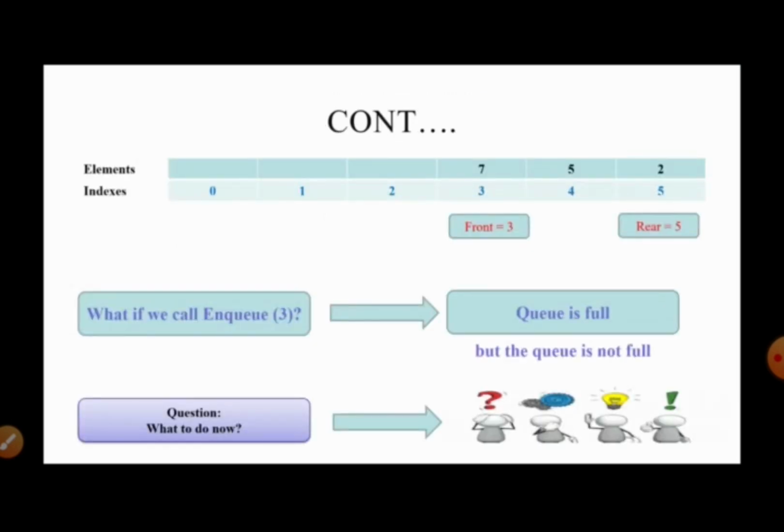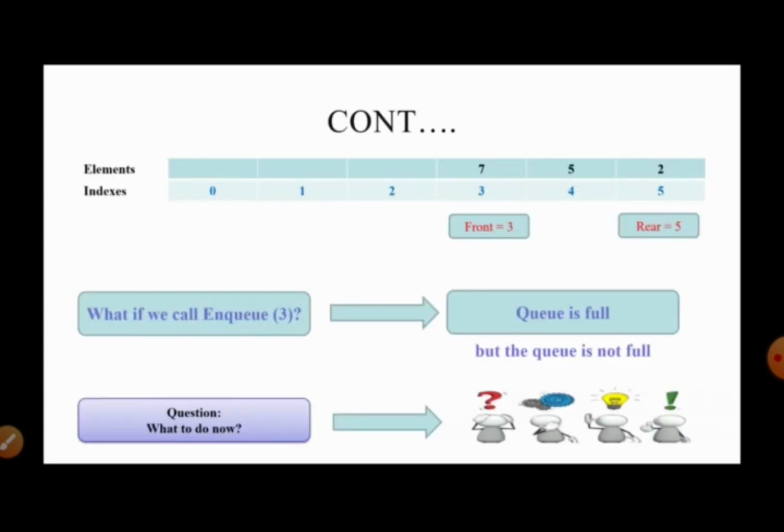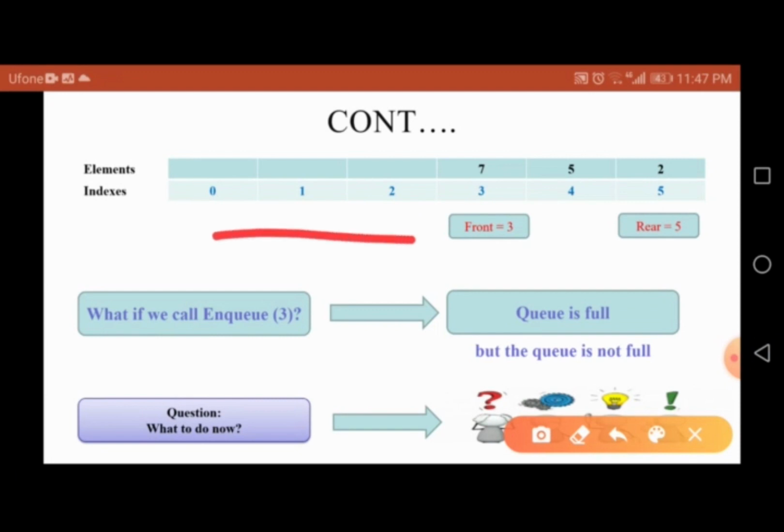Now let's consider this. In this case, we are having values 7, 5 and 2. Whenever we apply the DQ method, these values will be shifted to start of the array.